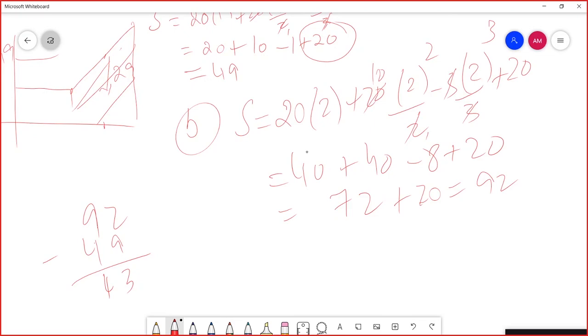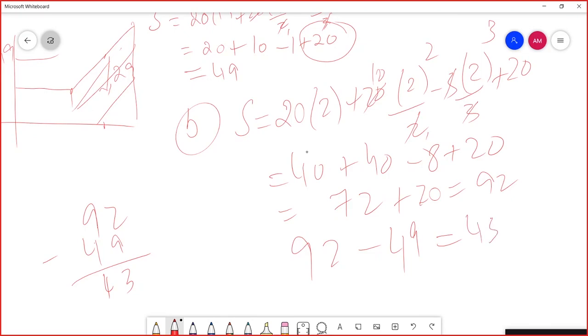Do you understand why it's 43? 92 minus 49 is equal to 43.